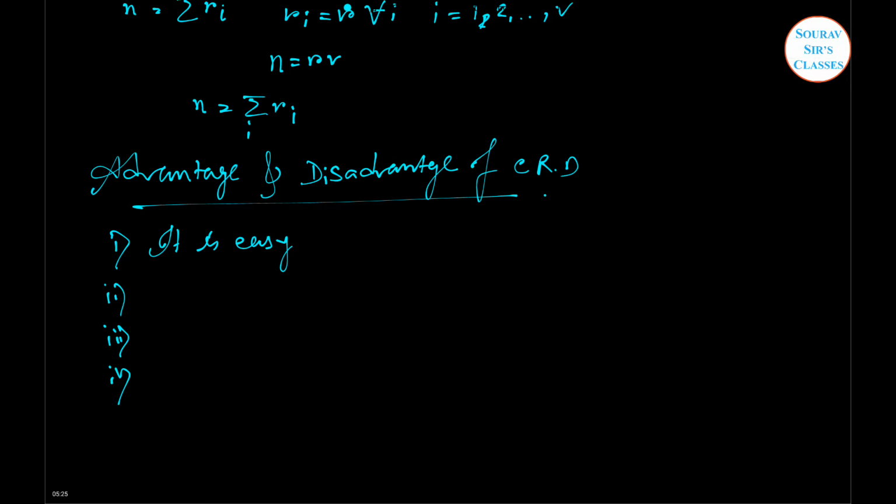Number 6, and this is the last one, it provides the maximum number of degrees of freedom for the estimation of the error variance, which increases the sensitivity or precision of the experiment for small experiments, that is, for experiments with a small number of treatments.